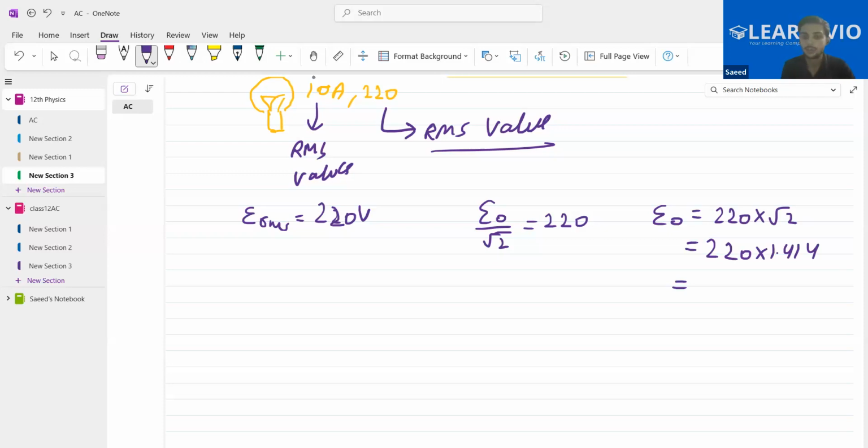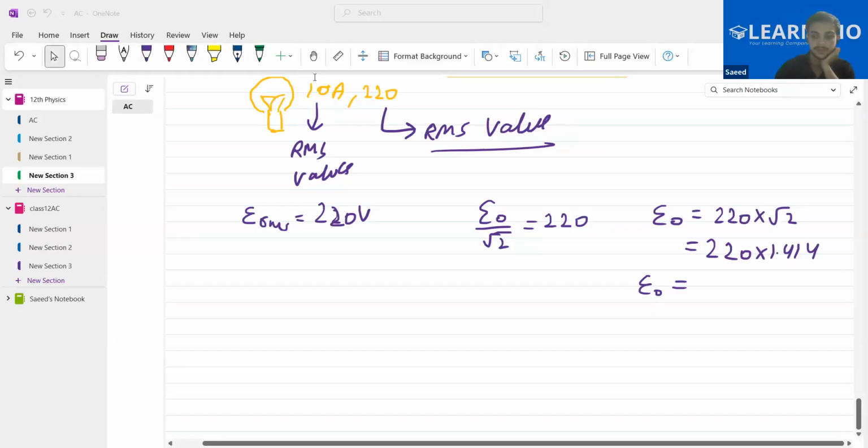The value of √2 is 1.414. You know about it, right? Yes, calculate it: 220 into 1.414.